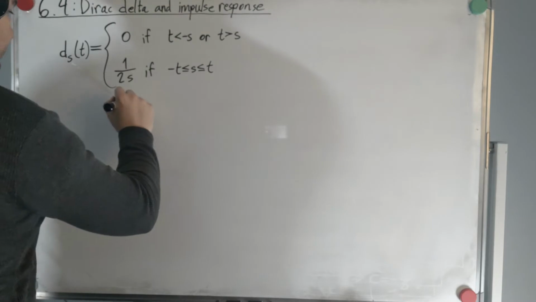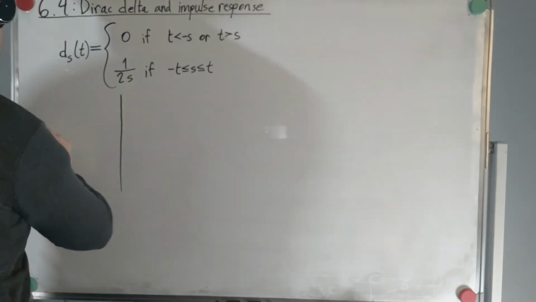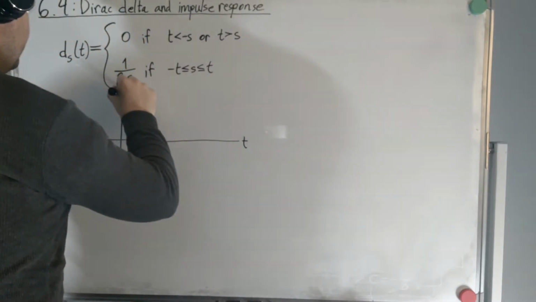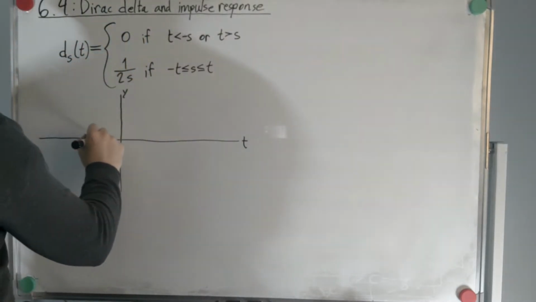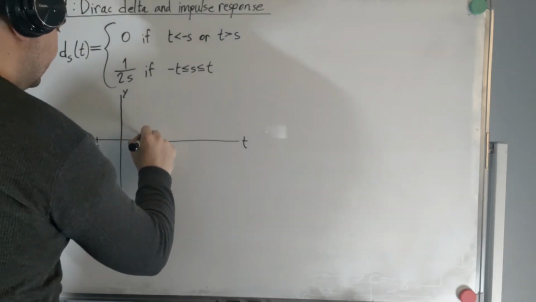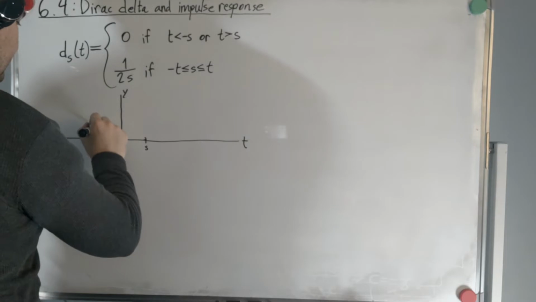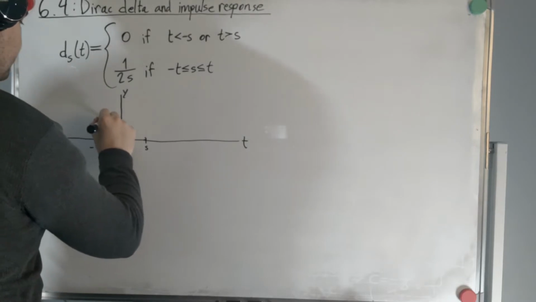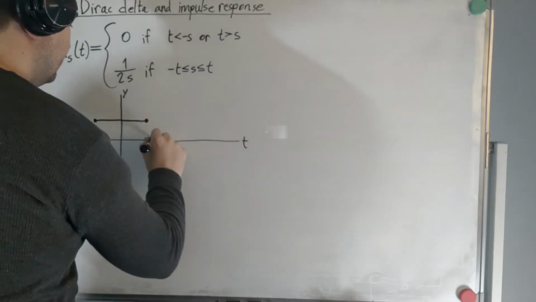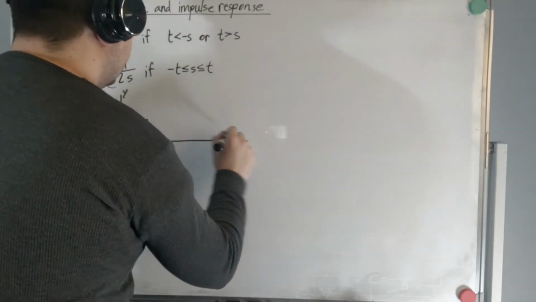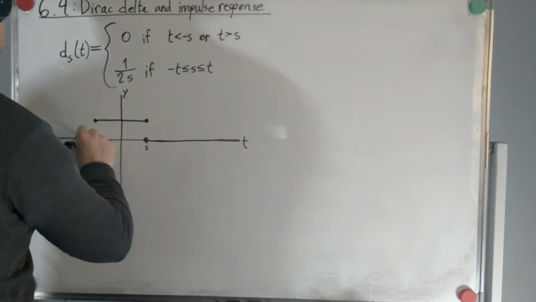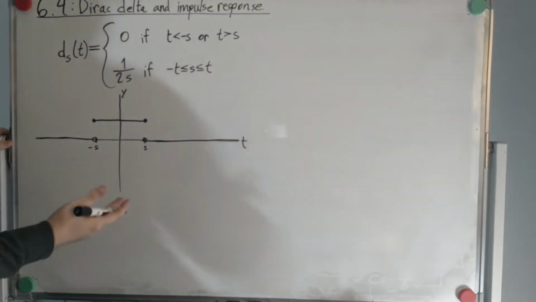Its graph looks like, if negative s is right here and positive s is right here, something like this.